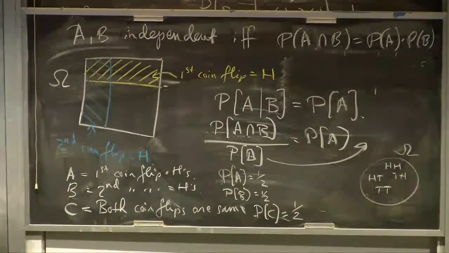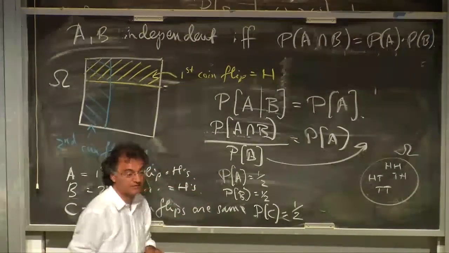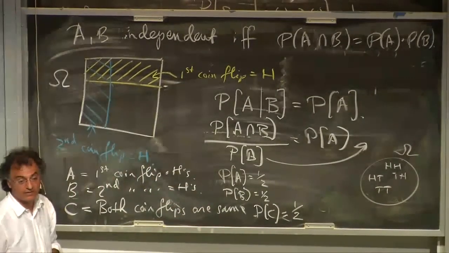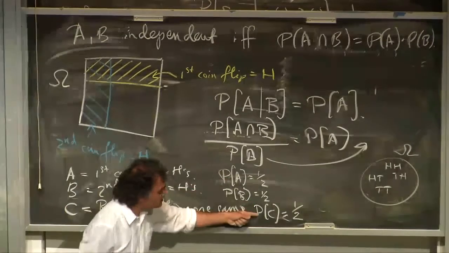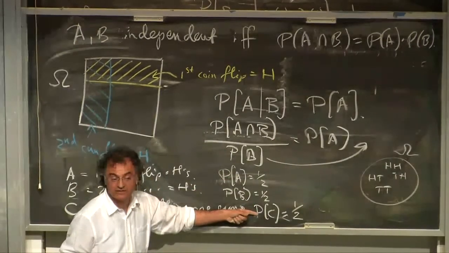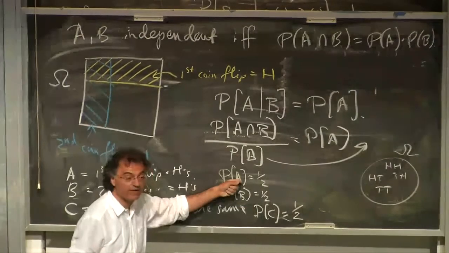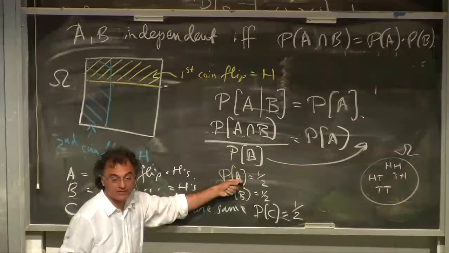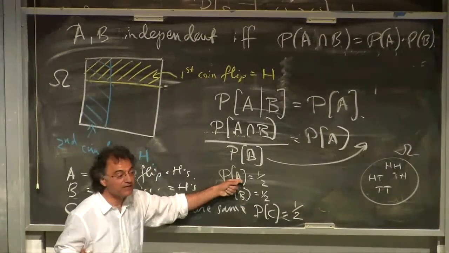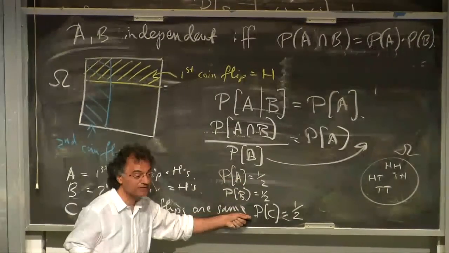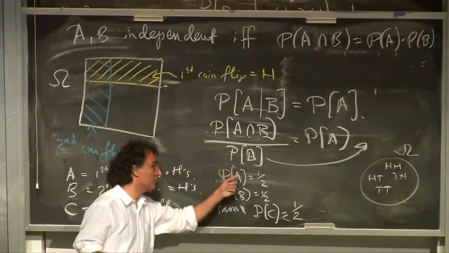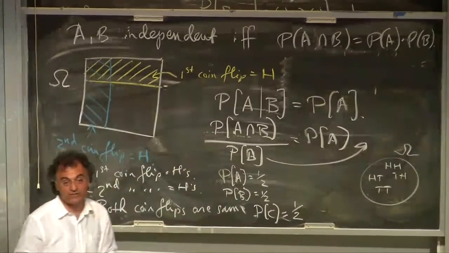Now, we know that A and B are independent. Okay? What about A and C? Are they independent? Given that A happened, do you have any idea whether C happened or not? Well, A happened, you know that the first coin flip was heads.